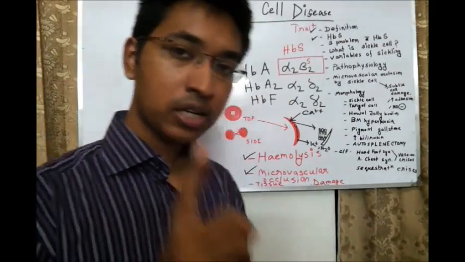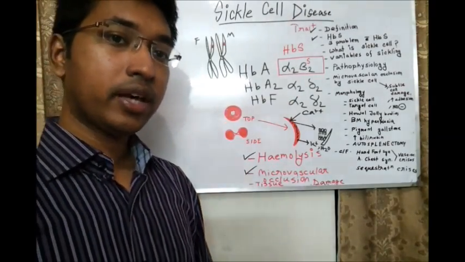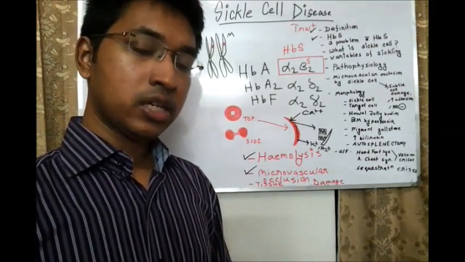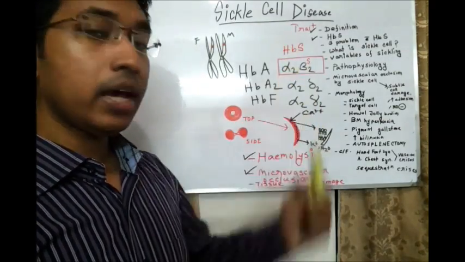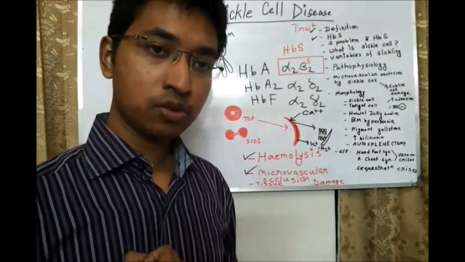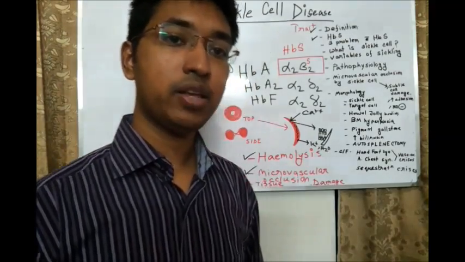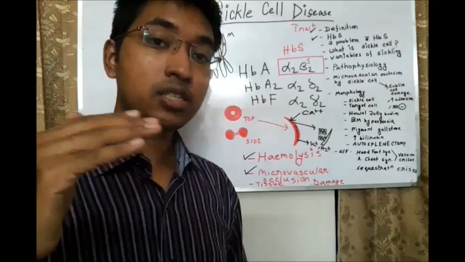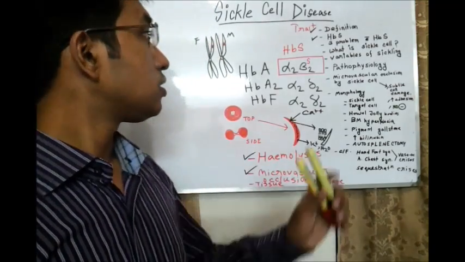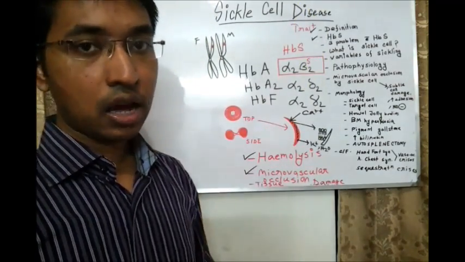Okay, now one interesting thing you should know: hemoglobin S gives us protection from falciparum malaria, and that's why there is an increased percentage of sickle cell trait in Africa.